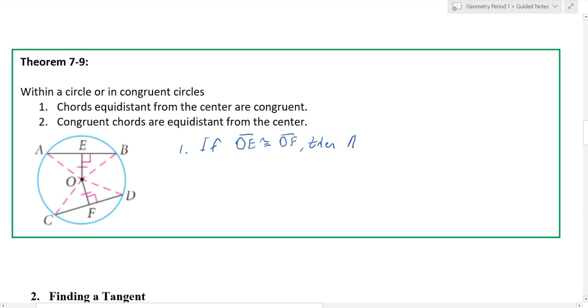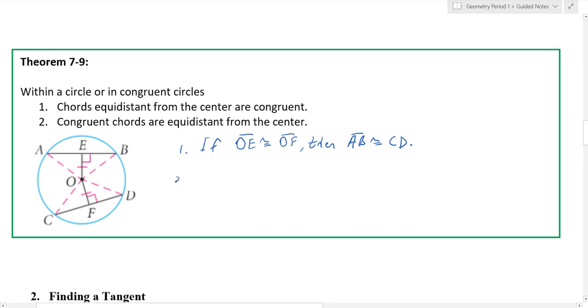Then AB is congruent to CD. That's what number one says, assuming that we're in the same circle.